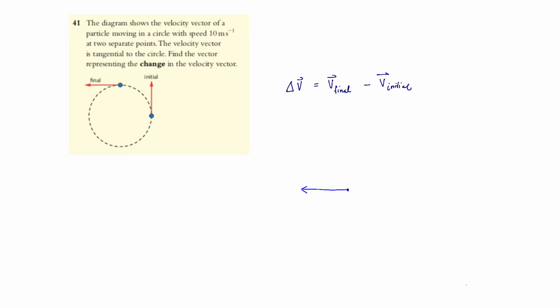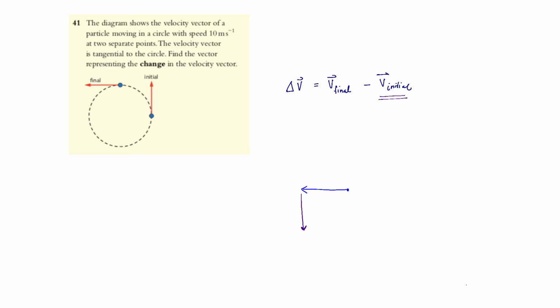Now, if we're gonna apply plus vector initial, if we're going to apply it like this, that is plus. However, since that is minus, meaning to say we're gonna flip it, we're gonna have it anti-parallel, and so therefore the V minus V initial will be represented in a downward manner.